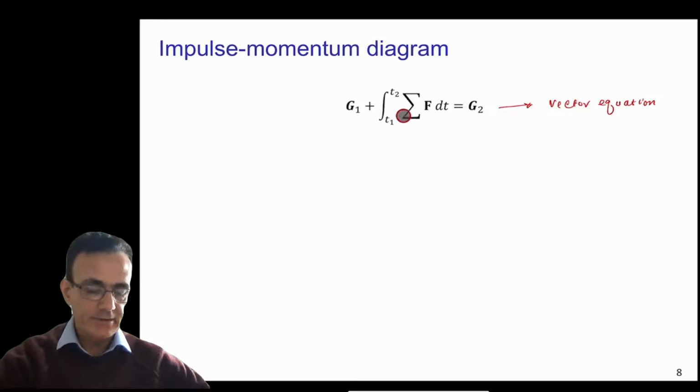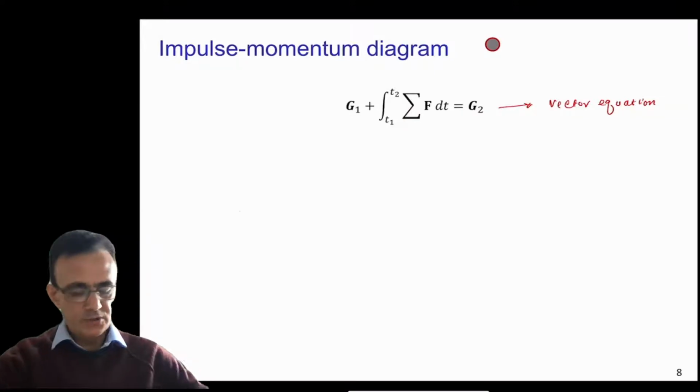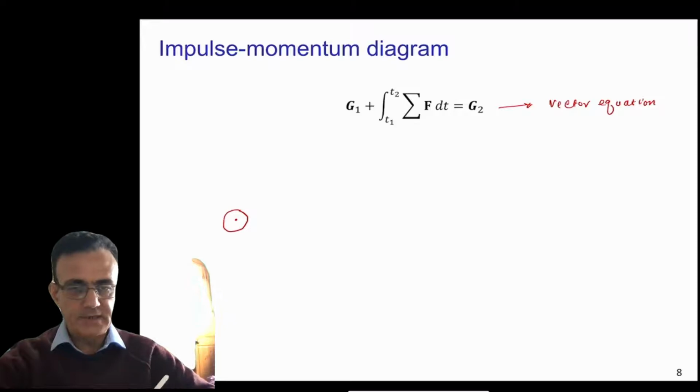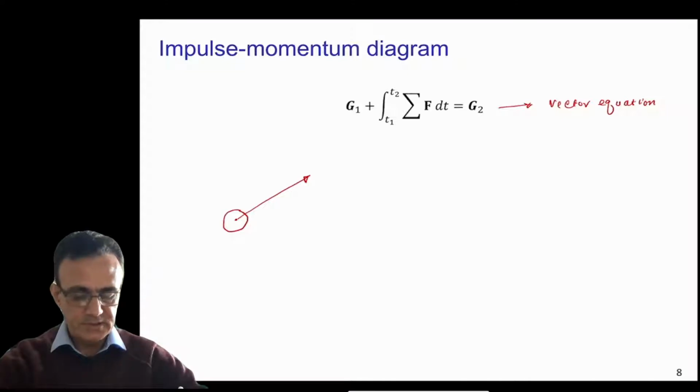But in this case, for example, it's always a good idea to draw the impulse momentum diagram from this equation here. So if you consider a body here, which can be, for example, a particle, and maybe the body is moving in this direction here. So this is the velocity of the body, or initial velocity of the body. We will call it v1.